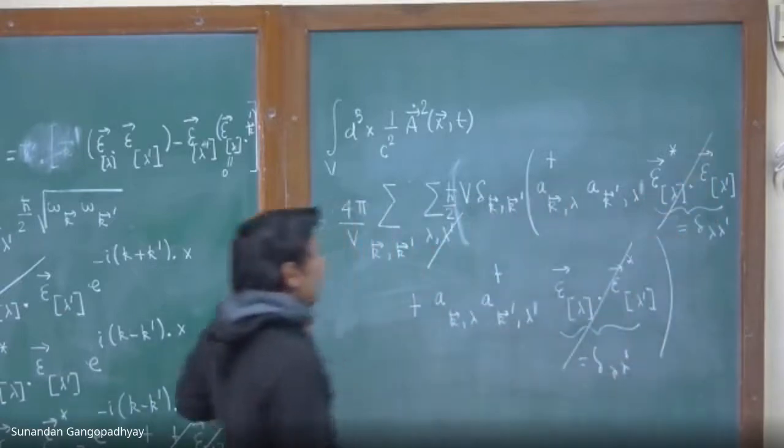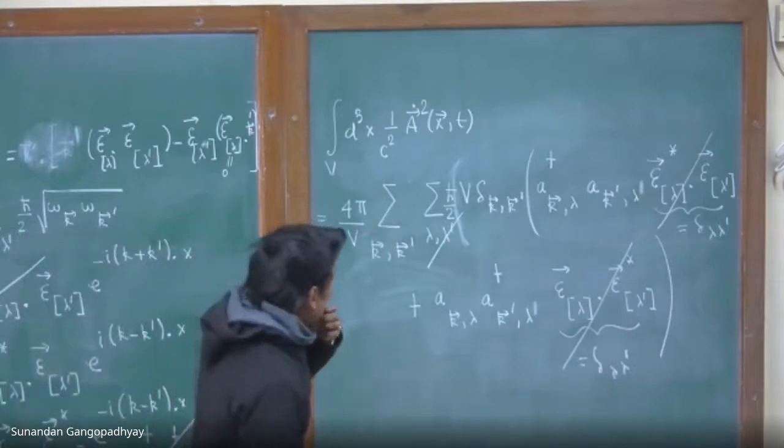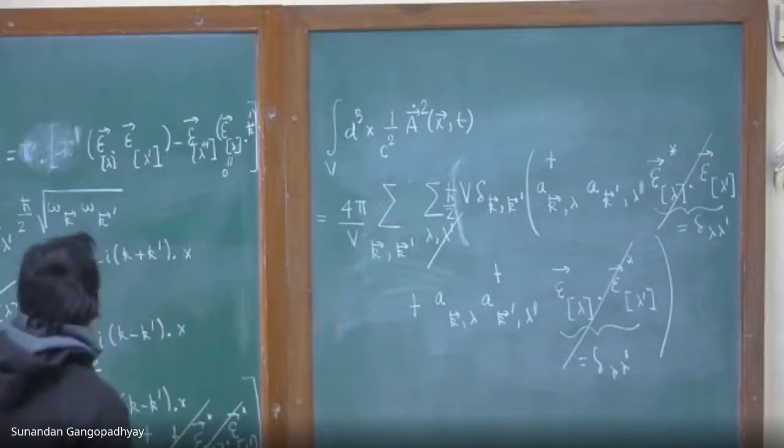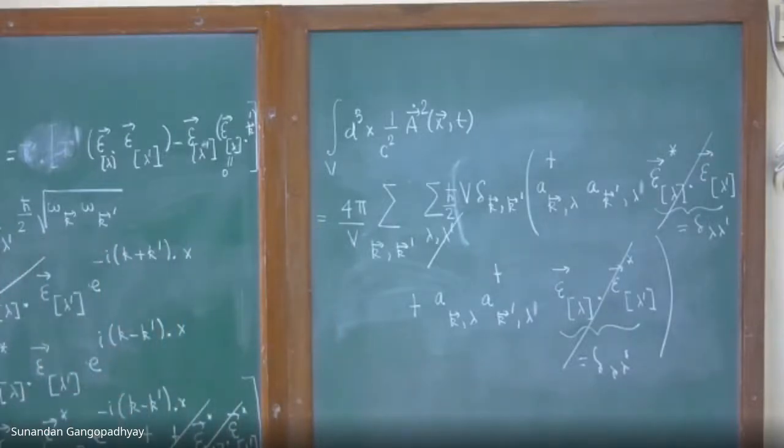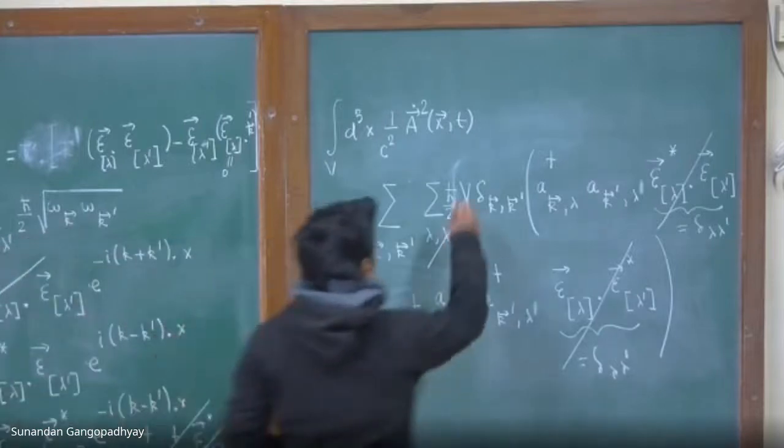We have carried out the summation. And so what remains is the following: there will be an omega k here.